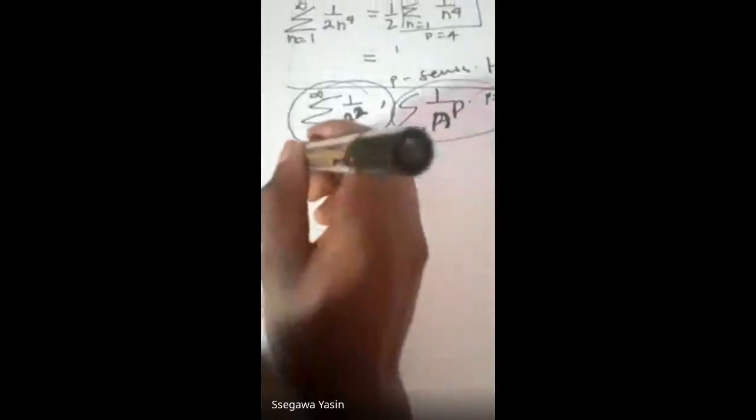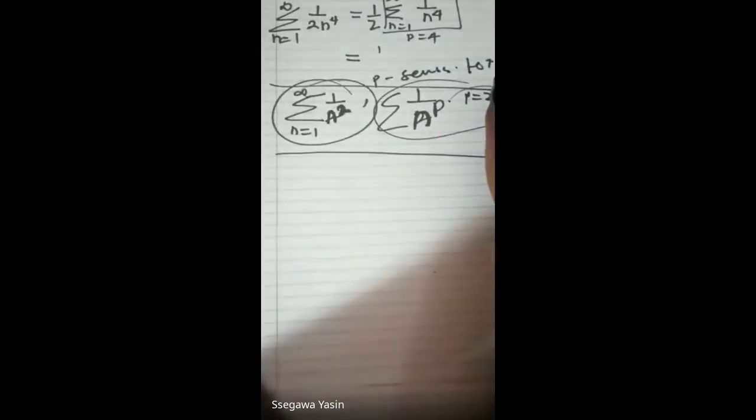We are going to cover much more on this method as we move on with other tests. The next test we are going to look at is the comparison test, which is on top of page 43.